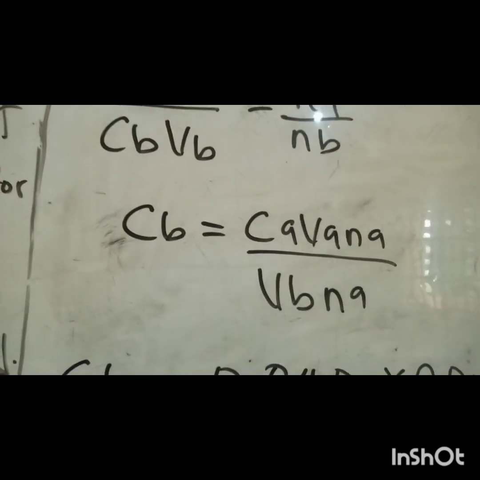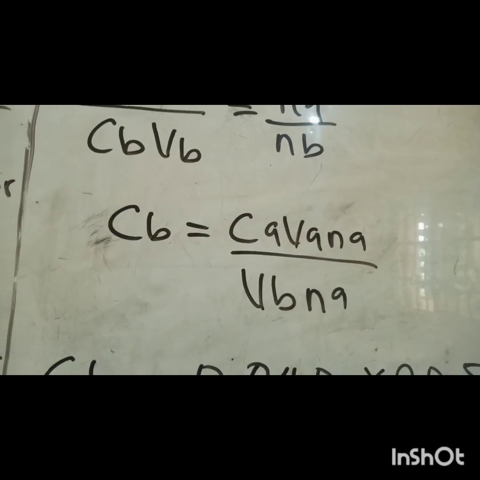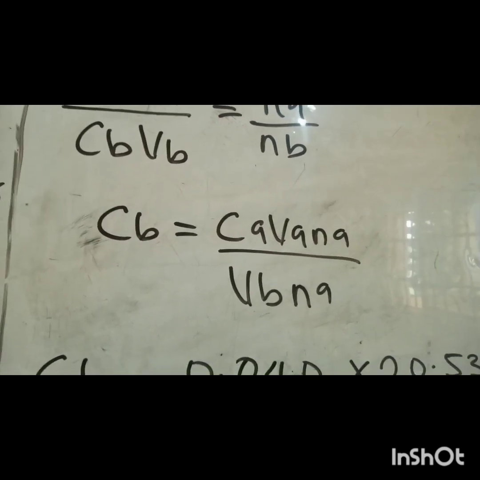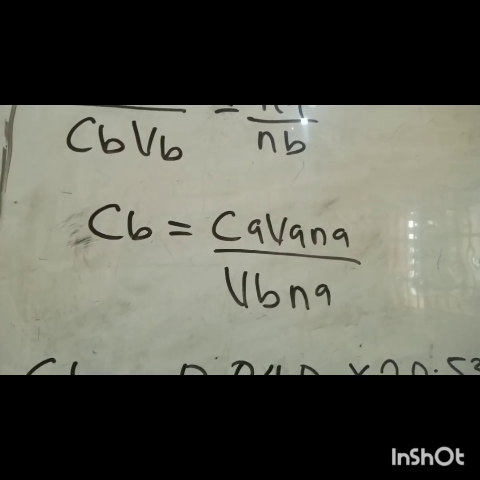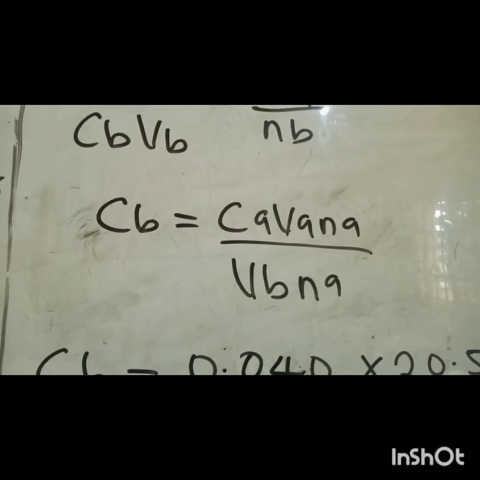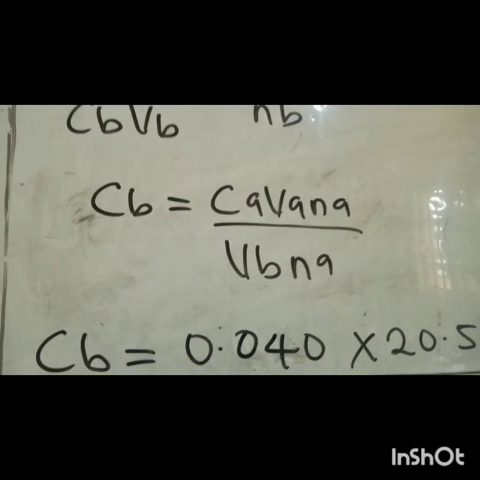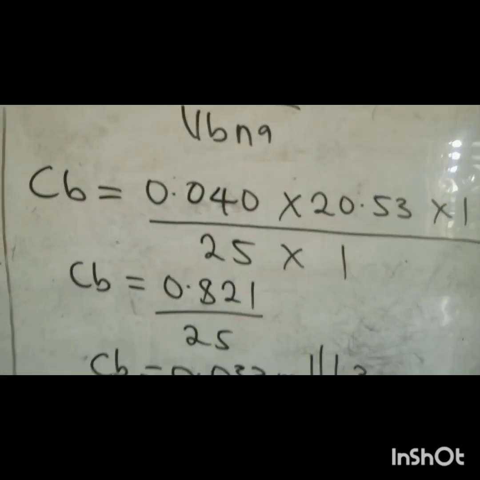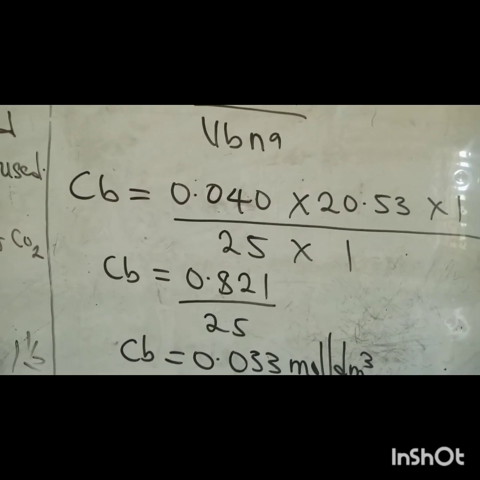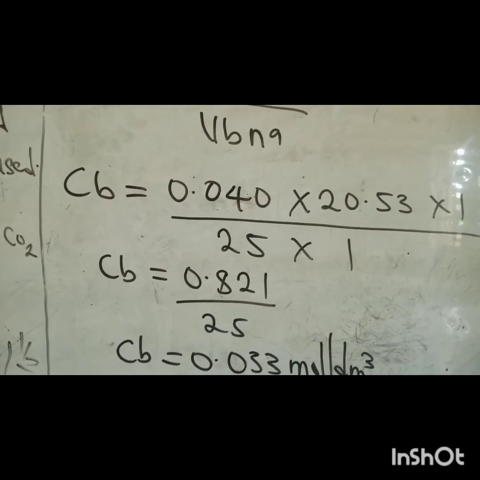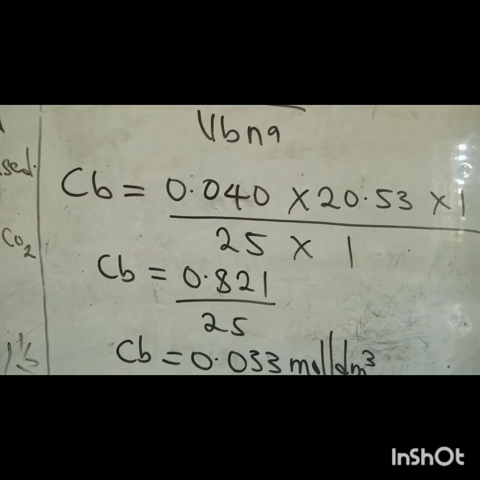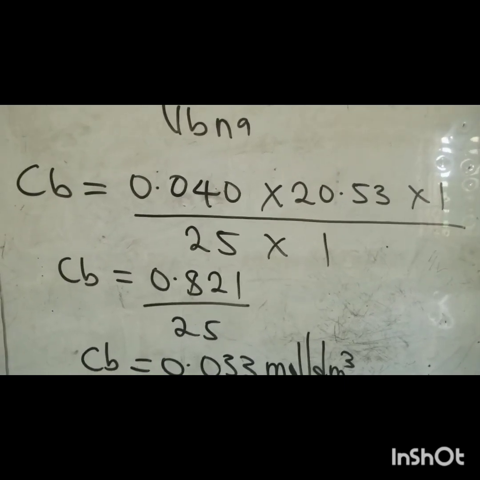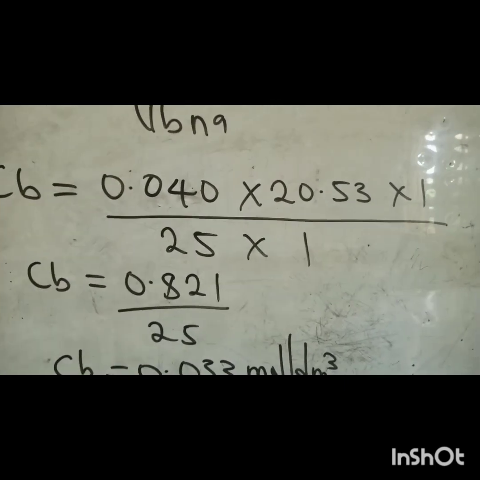The concentration of B in moles per dm³ is the molar concentration, and since the concentration of A is already given in the question, you make CB the subject of the formula. CA is given in the question, which is 0.040, times the volume of acid, that is the endpoint of acid, 20.53, times the mole ratio of acid.